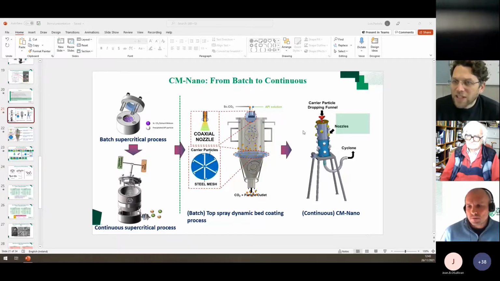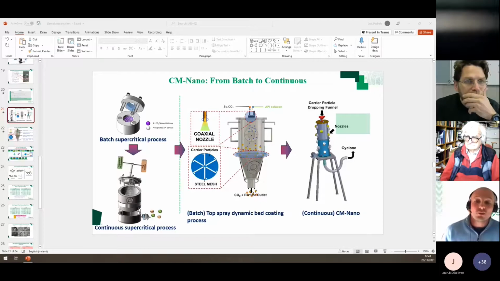Another question from Vasant. Is there any way to get the value of supersaturation? I don't know what supersaturation with respect to what. Maybe you know the question. No, when you mix CO2, how do you measure the supersaturation exactly? Yeah, we cannot measure directly in the nozzle. What we do is in the high pressure batch vessel, we try to use the same conditions. So here we use an amount of CO2, an amount of solvents and API, and then we pressurize this with CO2 until we see slow precipitation of the API.